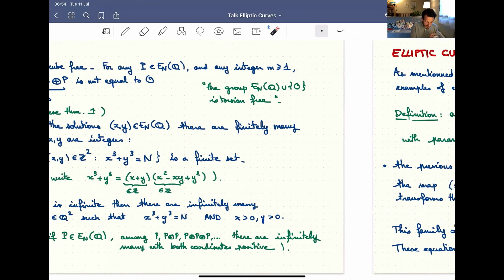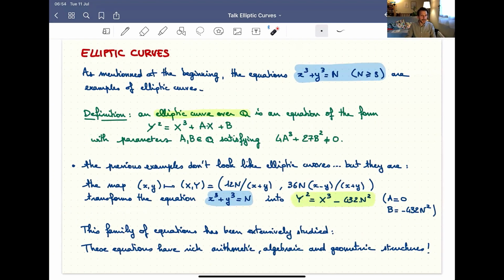And in the last 5 minutes, I should discuss more general elliptic curves. As I've mentioned, the equations that we've been studying are examples of elliptic curves. The equations were x cubed plus y cubed equals n. One way of defining elliptic curves is the following.